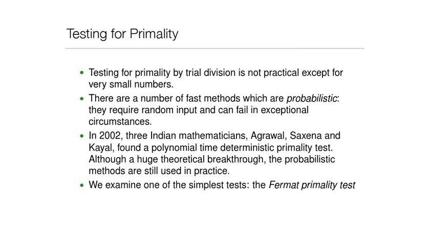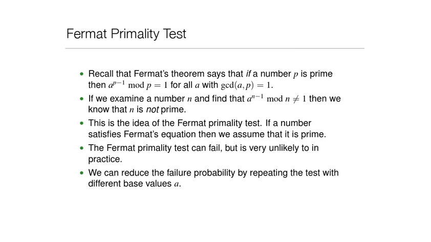We examine one of the simplest tests for finding prime numbers, which is called the Fermat Primality Test. I'm not going to talk about that in great detail, but for the time being, keep in mind, if you like, you can follow these slides and understand.